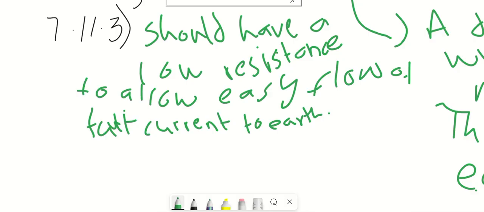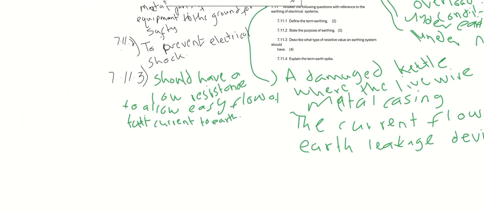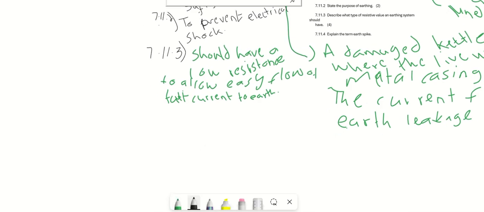Okay, that's the next question. Let me just go there now. I forgot that you guys can't see my screen here. 7.11.4: explain the term earth spike. These things are simple. An earth spike refers to something that is in the ground.